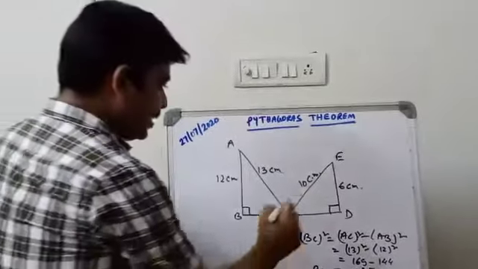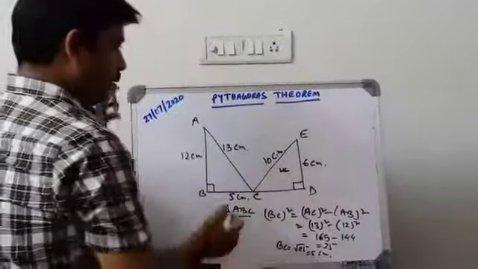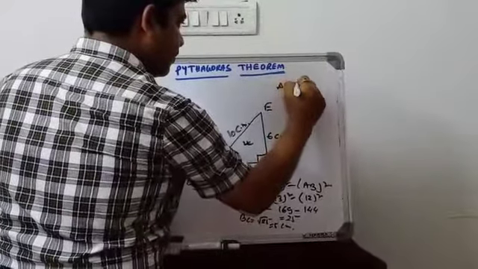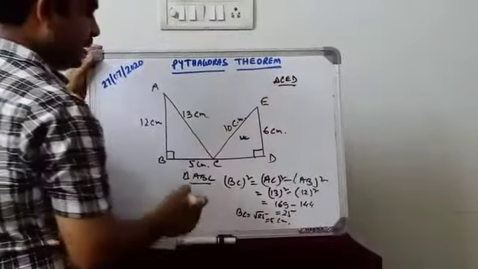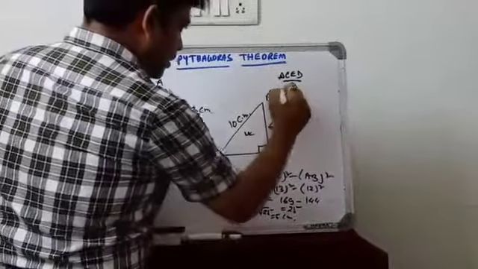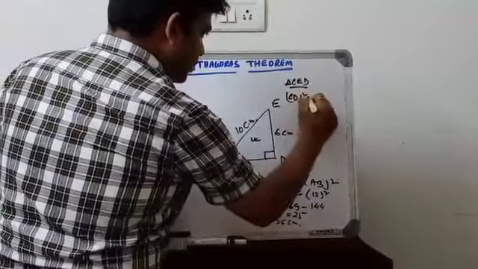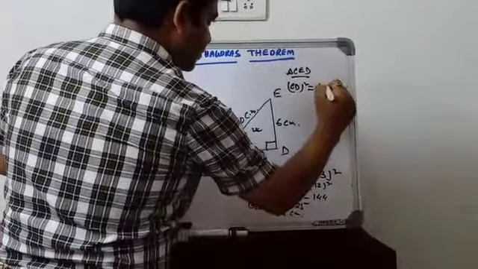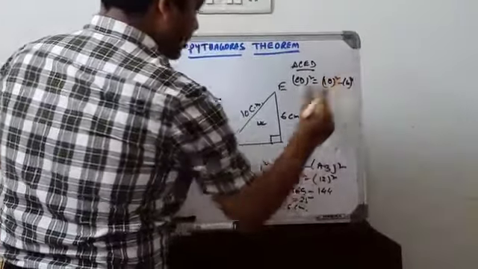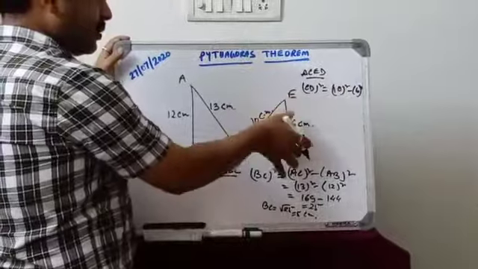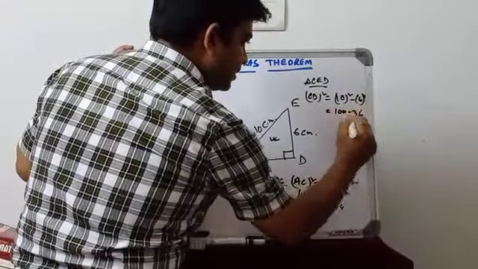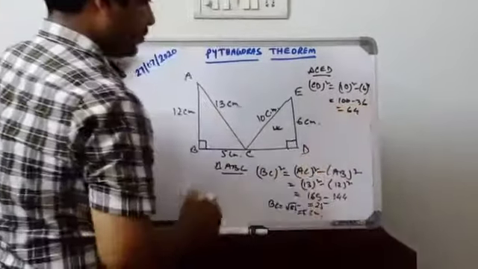Similarly, from triangle CED, we get CD square equals 10 square minus 6 square, that is, base square equals hypotenuse square minus perpendicular square. That means 100 minus 36, which is 64.